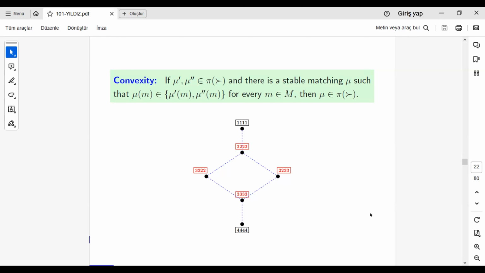So that is in keeping with what one expects from this word convexity. However, look at this one. Look at these 2 red matchings. Every man is getting his first best, and the first 2 second best, and the last 2 third best. Now, there is no mixture of these 2 red matchings which is stable.